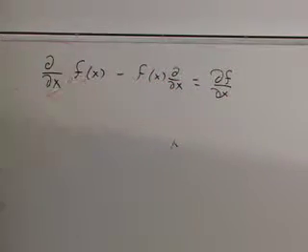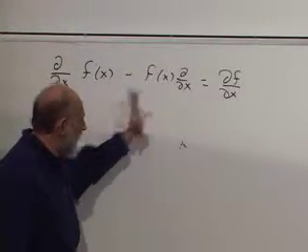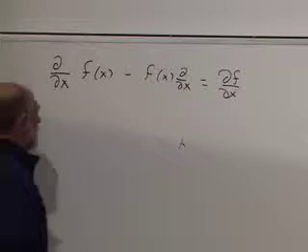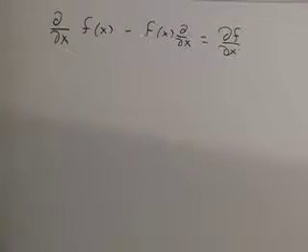Try it on any function. Take any function and apply the rule here, subtract them, and it's the same as multiplying by df by dx. So we'll need that. Okay, next. I guess we can use this one here. Let's take a little rectangle.